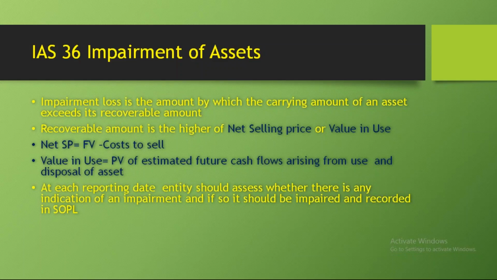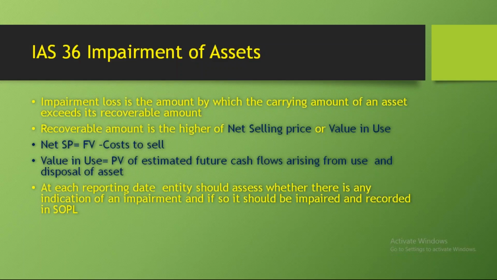What are the internal sources of indicators of impairment? It can be physical damage to your machine. There's physical damage which is a permanent kind of damage and you feel it cannot be rectified. In that case, the asset's usefulness is becoming drastically reduced. Immediately it must be impaired.